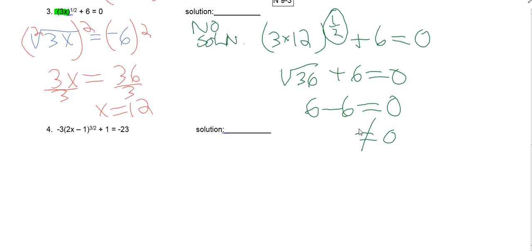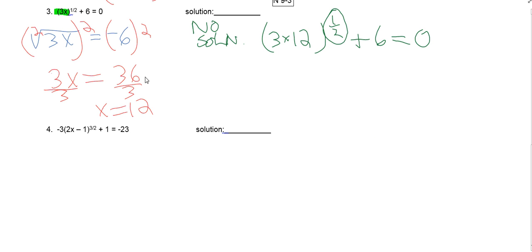Alright, let's take a look at our final example in these notes. Example number 4. And we'll see what we get. Okay, so once again our variable is buried inside of everything to the 3/2 power. So let's try to get everything as isolated as possible. So first step is to subtract 1. Subtract 1 from negative 23 and you get a negative 24.